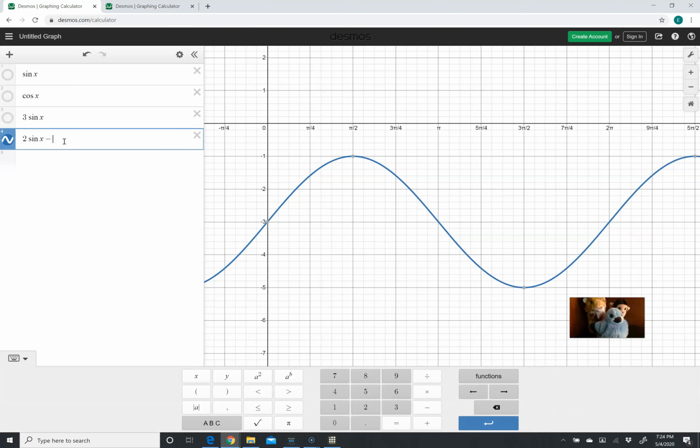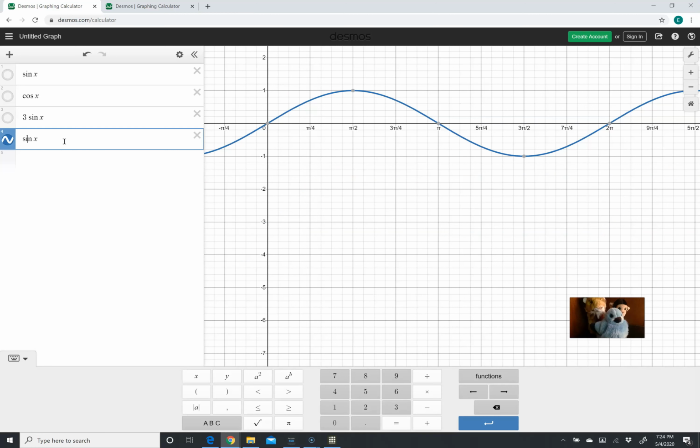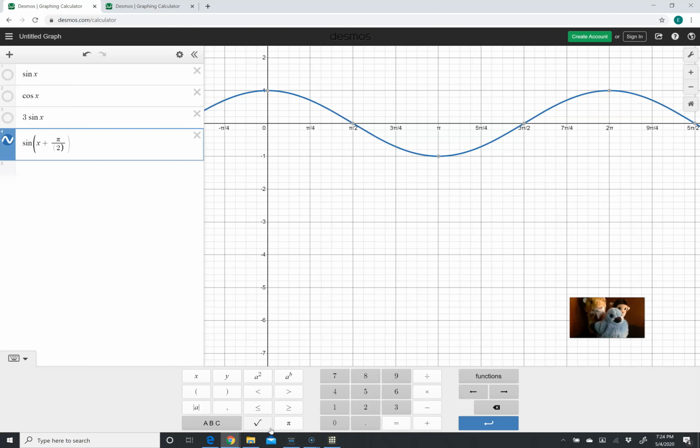Now we can also translate it left and right. So let's take out this. Now when we translate to the left or to the right, we usually translate by a factor of pi, because our x-axis is in terms of pi.